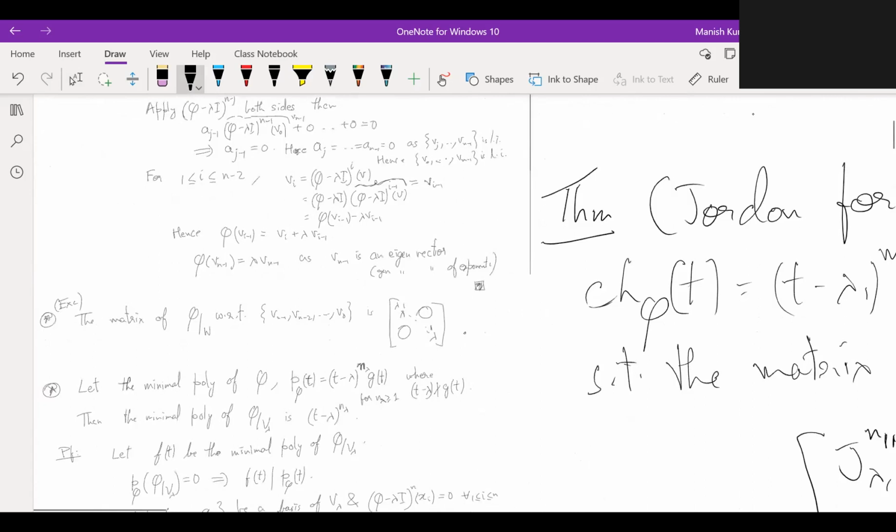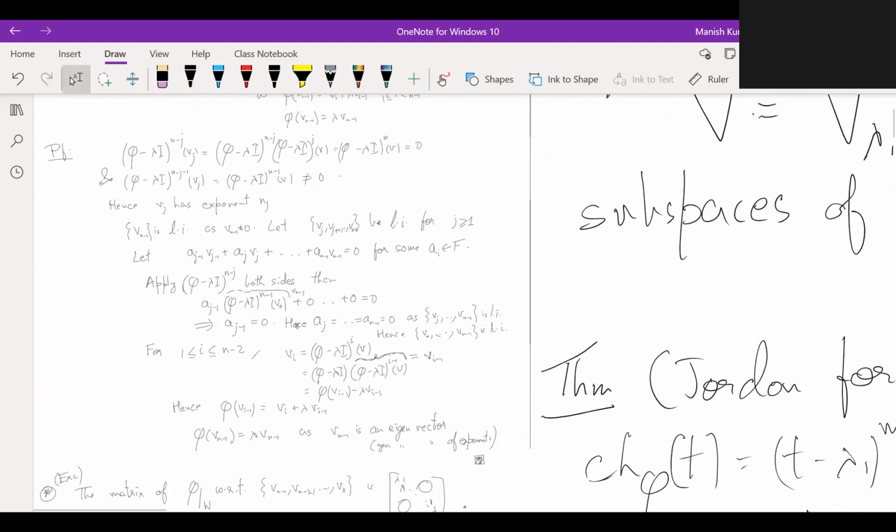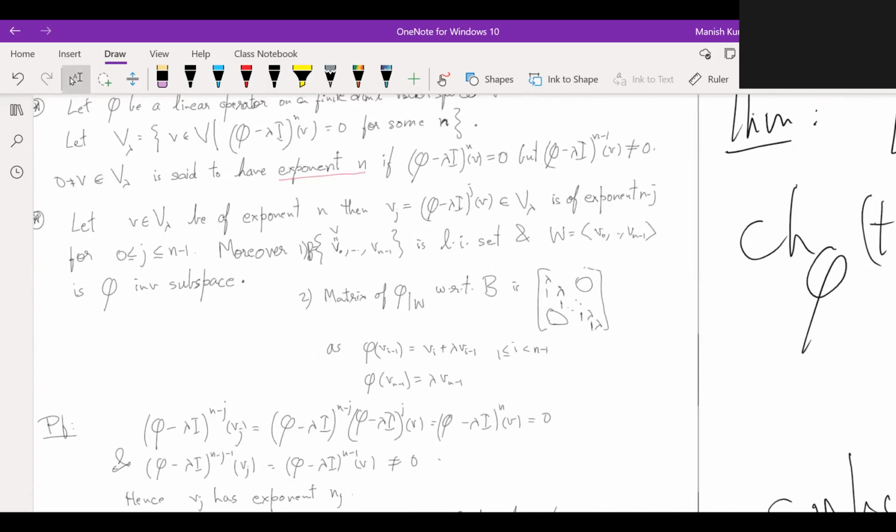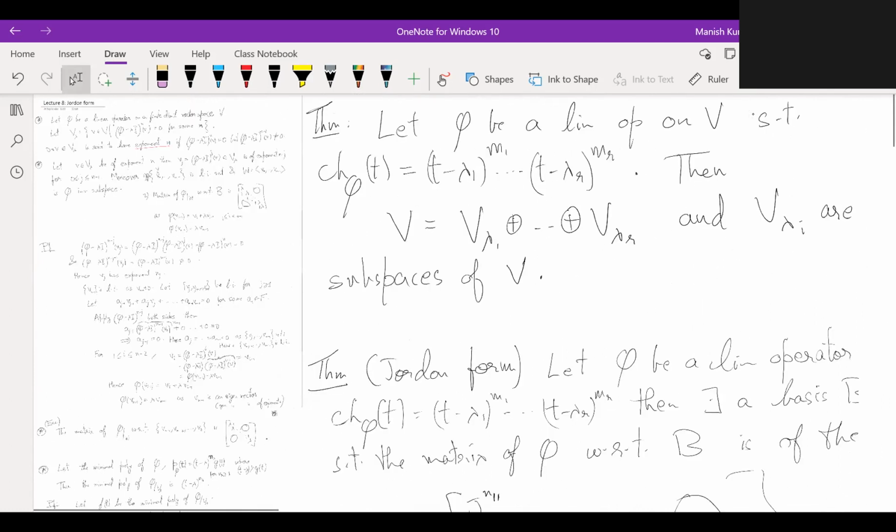So basically, when we were proving this, what did we see? That we found a subspace which is phi invariant, which has this form. Now what we'll do is cook up many such subspaces which will be phi invariant, and we will show that their direct sum is the whole of V lambda. That is how we'll work it out to prove this result.